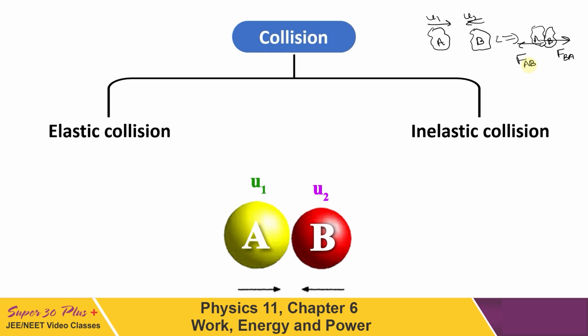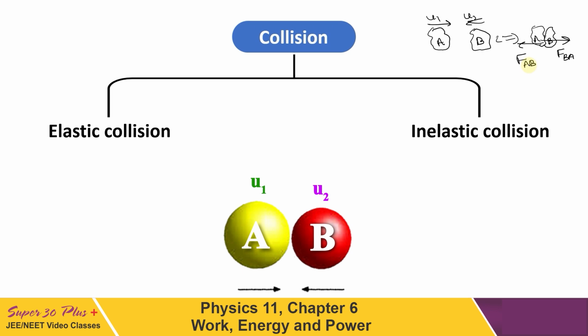So, at the moment of collision, when these two bodies are in contact, they are exerting normal forces on each other. If we consider a system which includes both these bodies, then these forces are internal to the system.